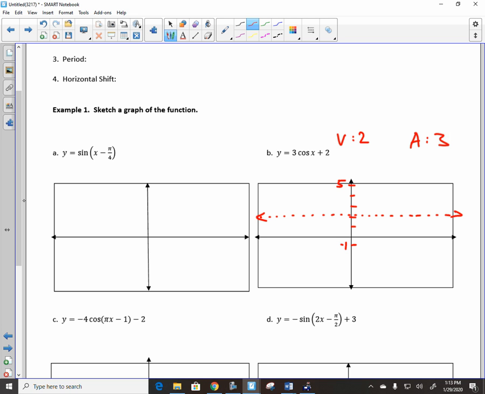Now what we're going to do is deal with the horizontal part. We deal with the period. For the period, we do 2 pi divided by the number in front of x. What are you going to get? 2 pi.